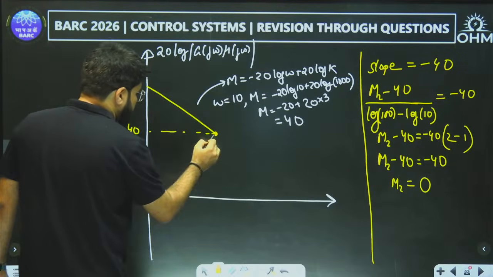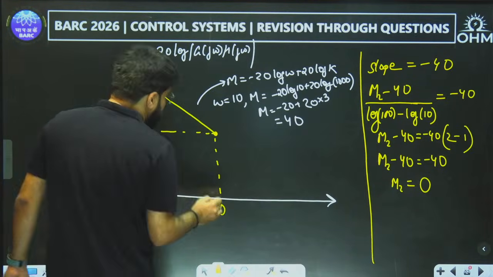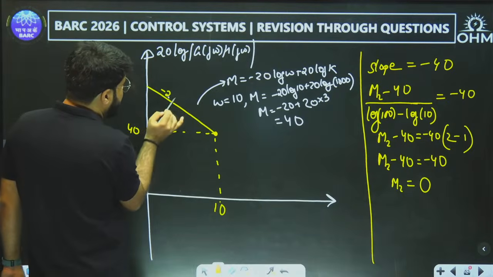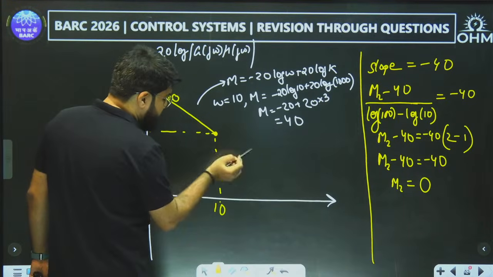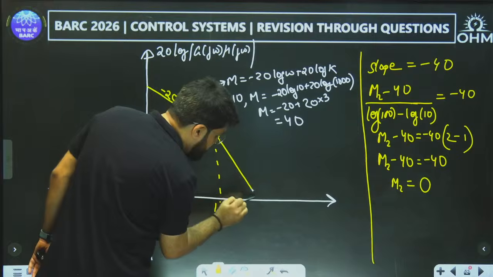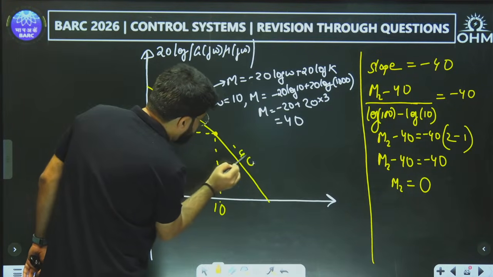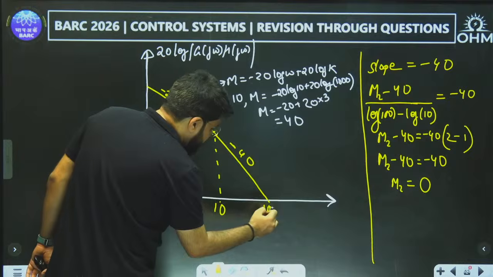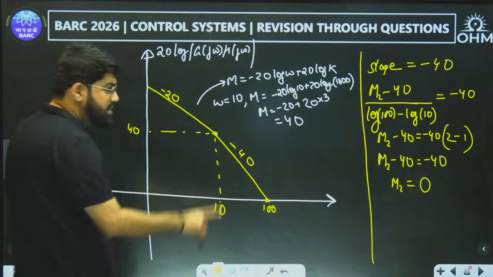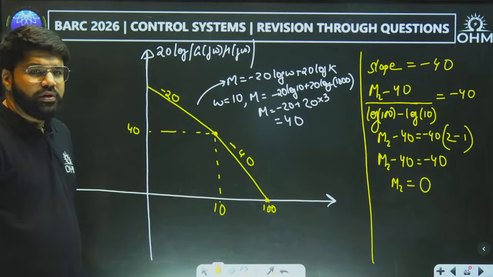This is magnitude 40 at omega equal to 10. The initial slope was minus 20, and now the slope changed by 20, so the slope is minus 40. The slope decreased and this slope is minus 40. At omega equal to 100, when you reach, the magnitude will be 0.